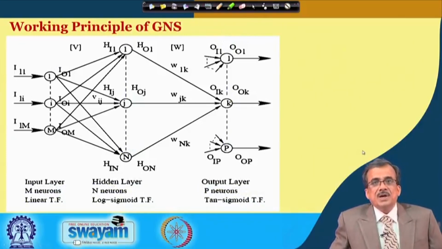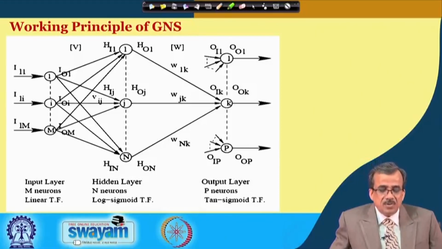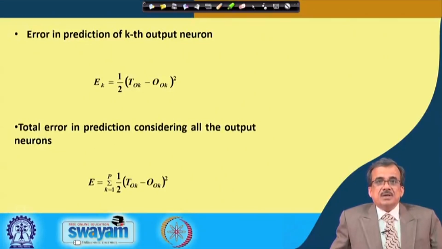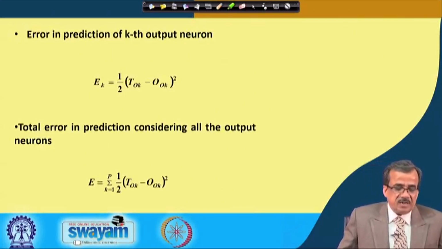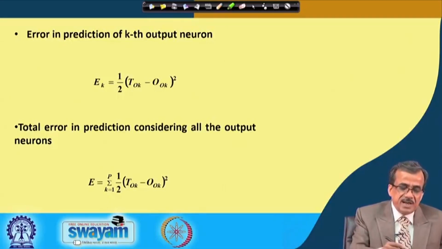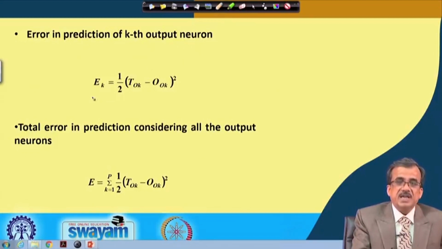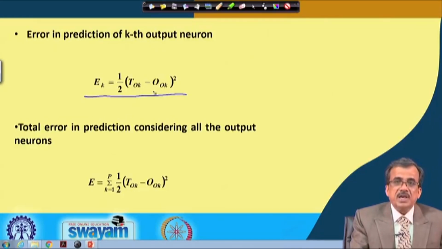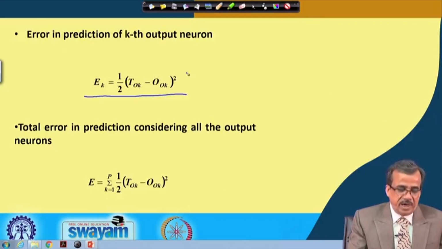Now, instead, what I am going to discuss is how to represent this particular network inside one GA string. Before I discuss that, let me recapitulate that the error in prediction of the kth output neuron, E_k, is nothing but half (T_ok minus O_ok) squared.